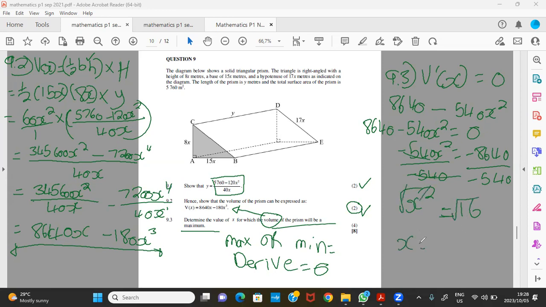Then x is going to be plus or minus 4. But since they said it's a maximum, and volume talks about length, your length can never be negative. So therefore your x is going to be positive 4.